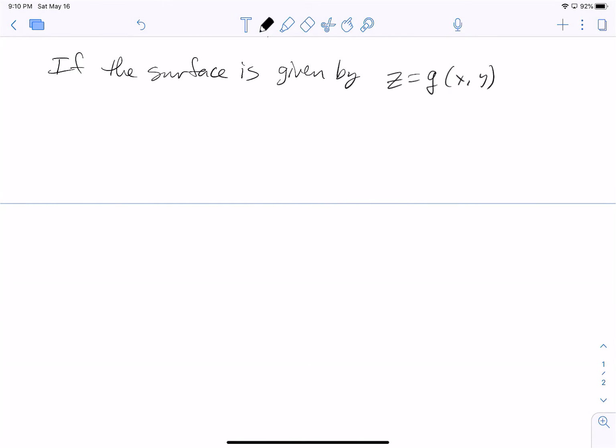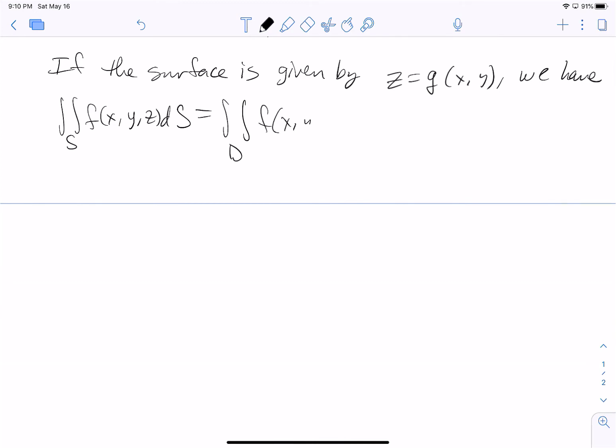If the surface that we have is a function, so z is equal to g of x, y, then the surface integral over S of f of x, y, z dS is equal to the double integral over D of f of x, y, g of x, y times the square root of the partial of z with respect to x squared plus the partial of z with respect to y squared plus 1, dA, and that should look familiar from surface area as well.